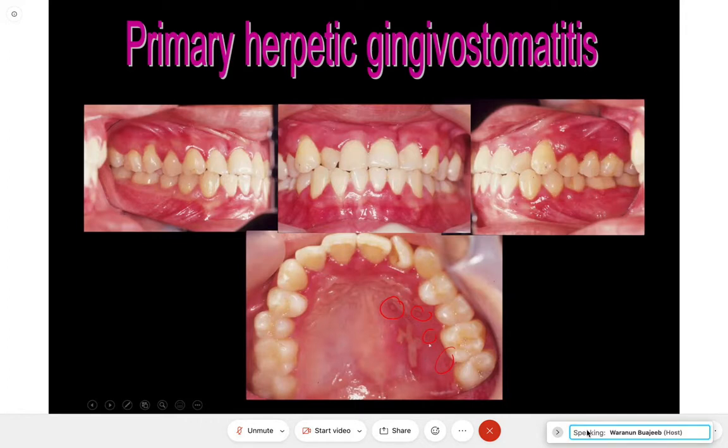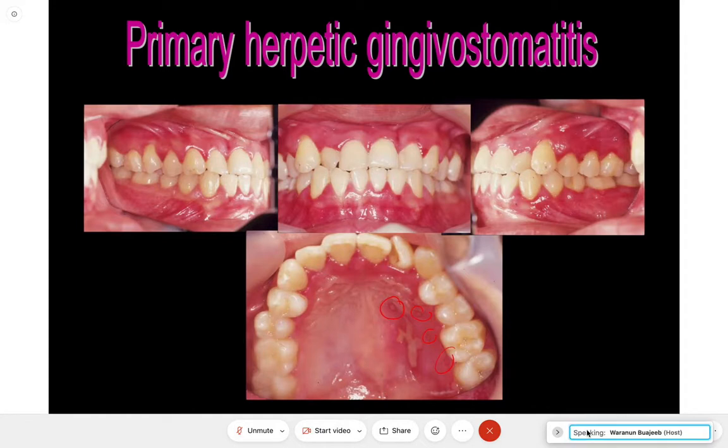So it means that the vesicle formation occurs before the ulcer is present in the oral cavity. So what is the cause of vesicle formation? Normally because of viral infection. And the most common viral infection is the herpes simplex virus, type 1 or type 2, in the oral cavity.